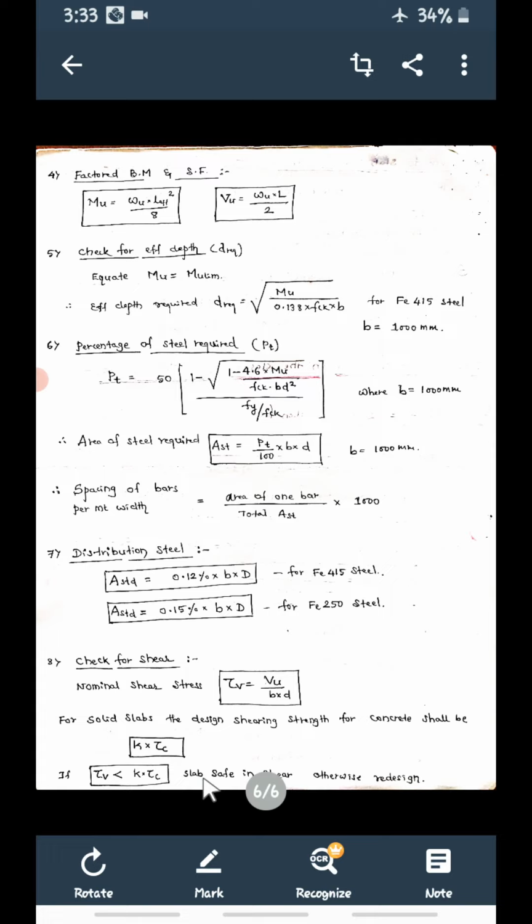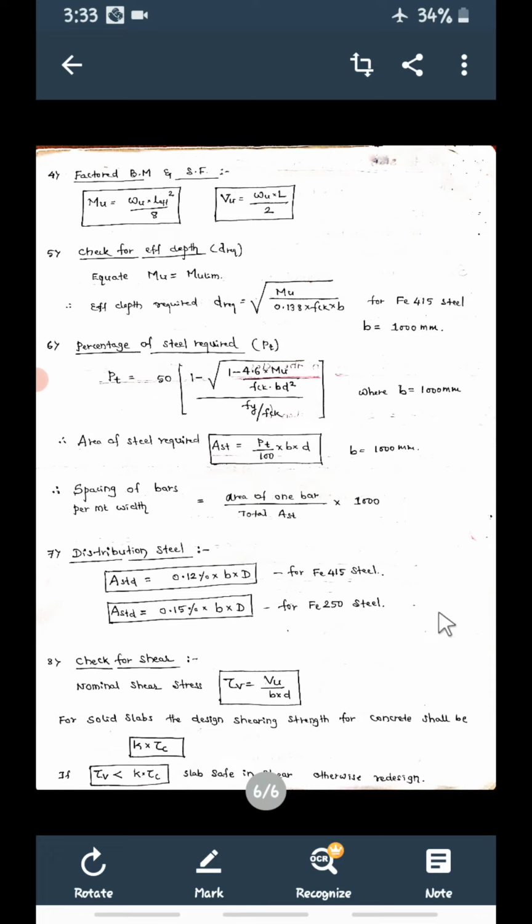We cannot provide stirrups here. So if tau V is greater than K into tau C, you have to redesign directly. Go back to the first step, assume some other span by effective depth ratio, and repeat all the steps. But this is not the usual case; this step will always be automatically satisfied. So if tau V is less than K tau C, your design is safe.